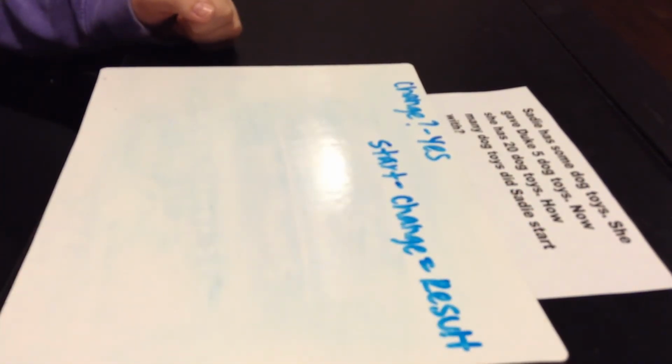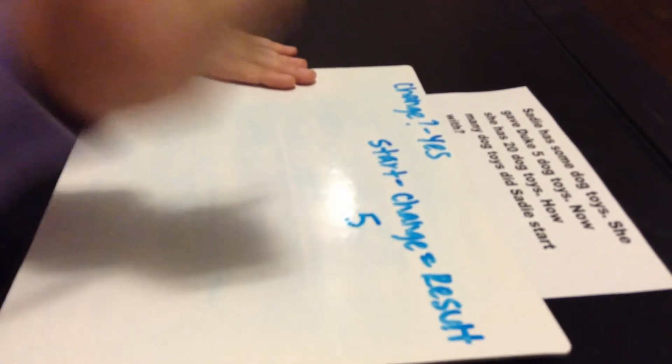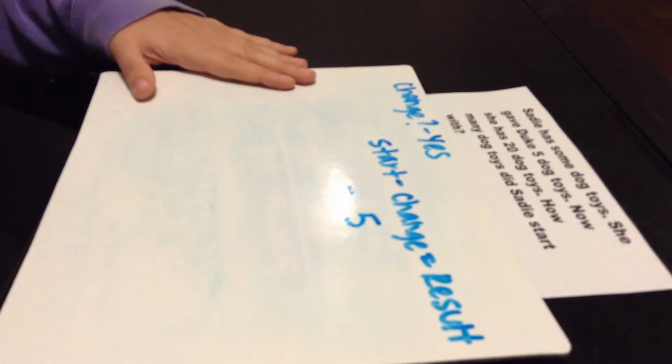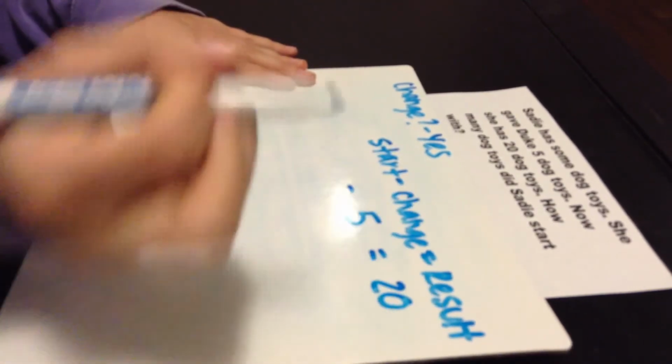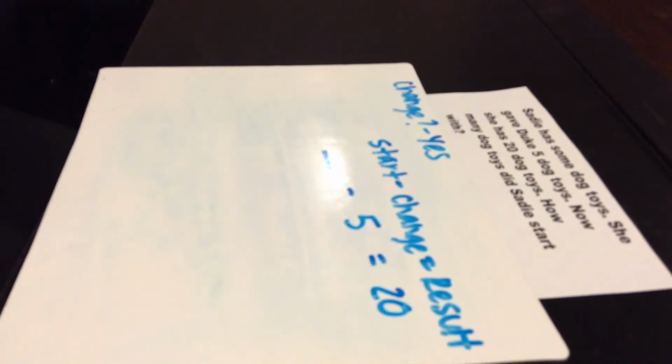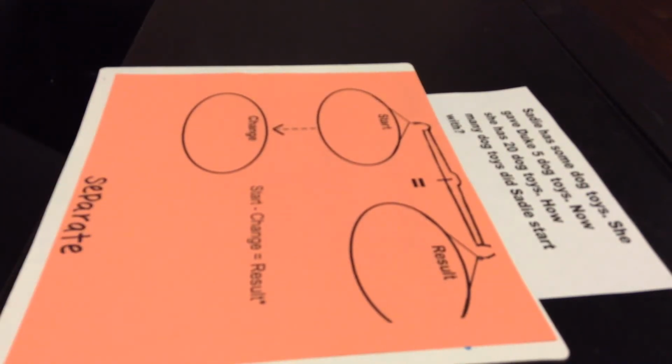So we know Sadie gave 5 toys to Duke. And we know that Sadie now has 20 toys. So we're looking for the start. So we take out our separate structure model and we fill it in using our base 10 blocks. We know that Sadie gave 5 dog toys away.